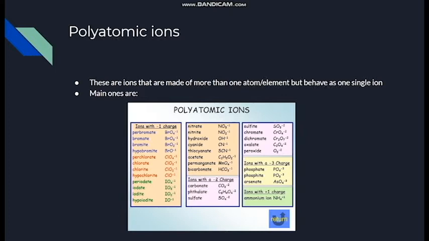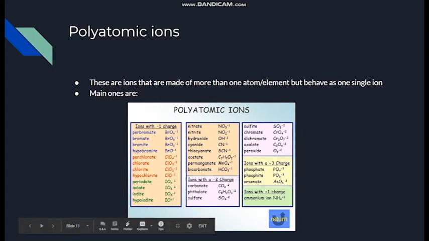All right. Now, polyatomic ions are ions that are made of more than one element or atom, but they behave as a single ion. The main ones are all labeled on this chart, and I would personally recommend that you memorize this, because teachers are going to be using it a lot throughout grade 11 chem, grade 12 chem, and even university chem.